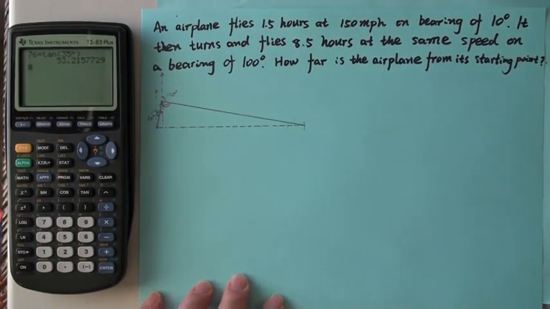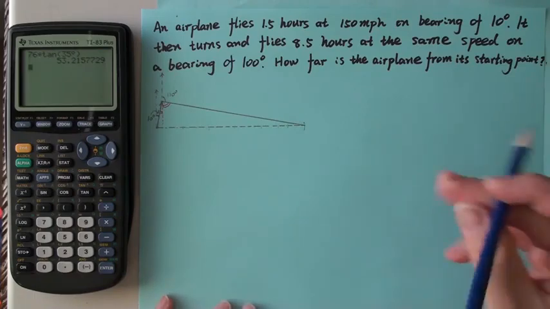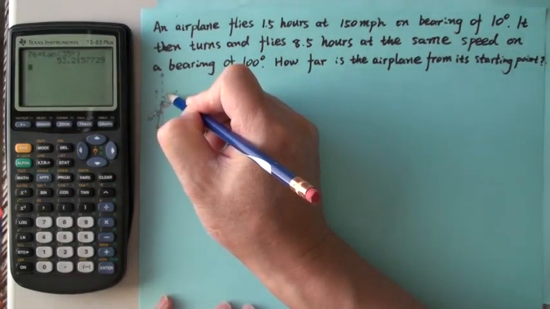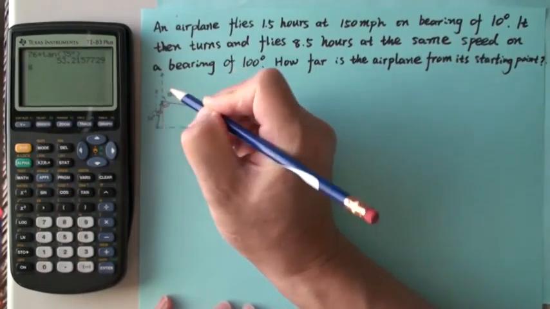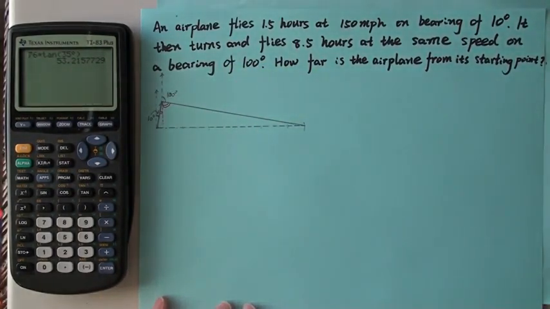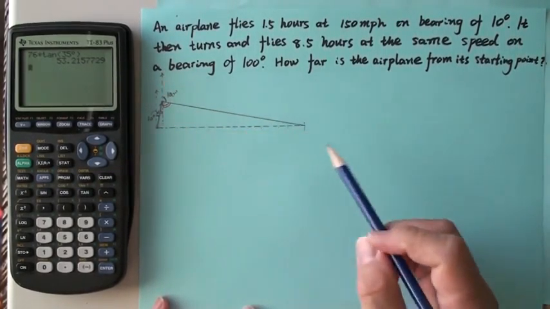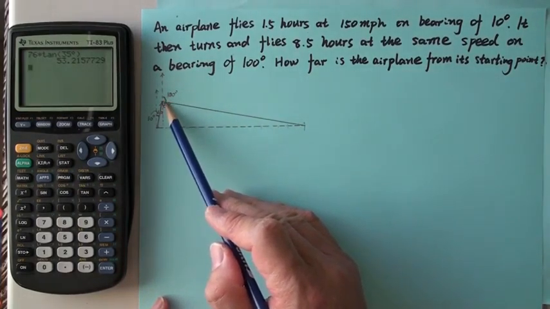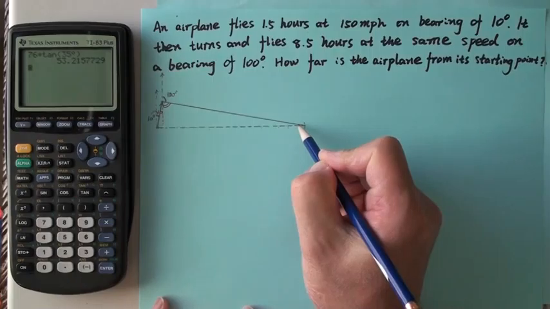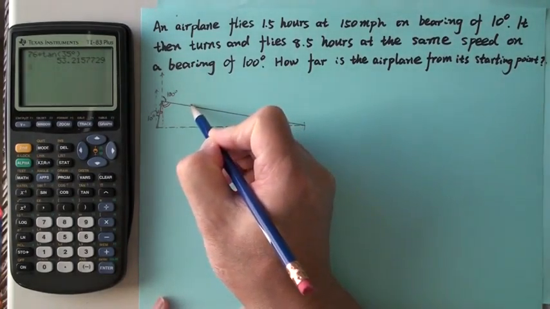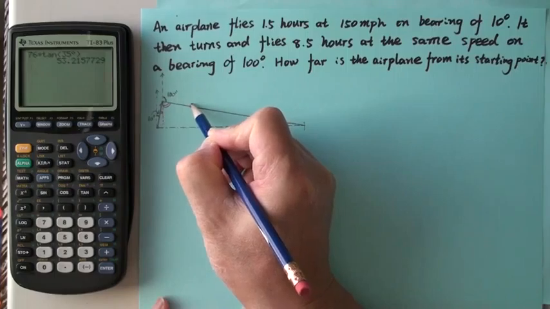Here the bearing is how big? Right here it is 100. So I should mark here 100 rather than 110, 100 degrees. So this angle, from here to there, will be 100 degrees. So it basically goes in this direction. Let me mark it like that.